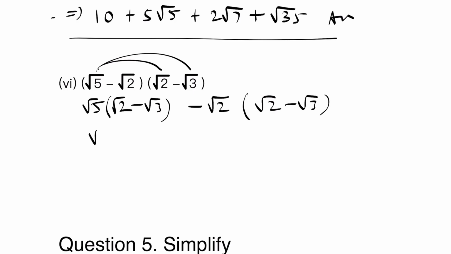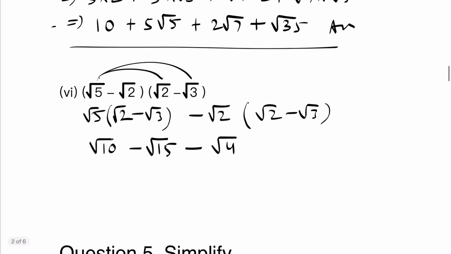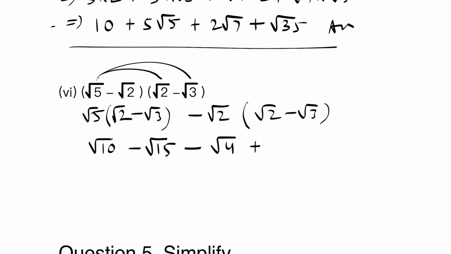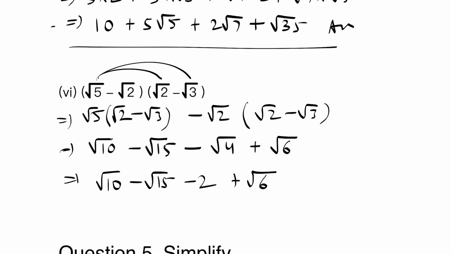So this will become root 10 minus root 15 minus root 4, or 2, and this is plus root 6. So this will become root 10 minus root 15 minus 2 plus root 6.